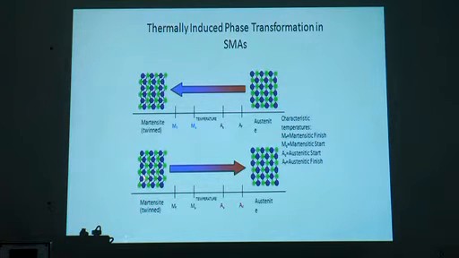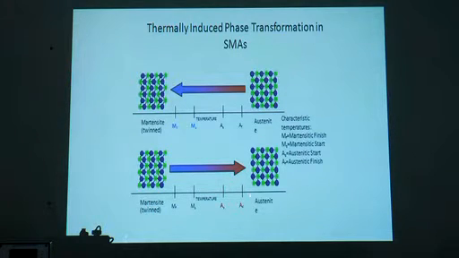So when you heat the twinned martensite structure, the austenite phase starts appearing at this temperature, and the entire material becomes austenite at this temperature.